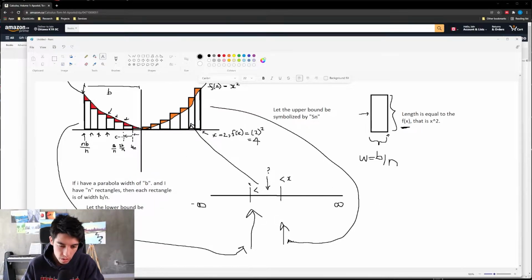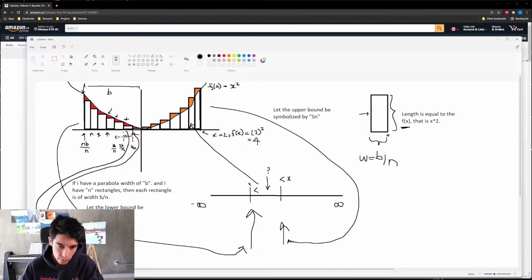Maybe I'll draw it down here: b over n squared, then 2b over n squared, 3b over n squared, etc., where this corresponds to the height of this rectangle, this one corresponds to the height of this rectangle right here, and so forth.